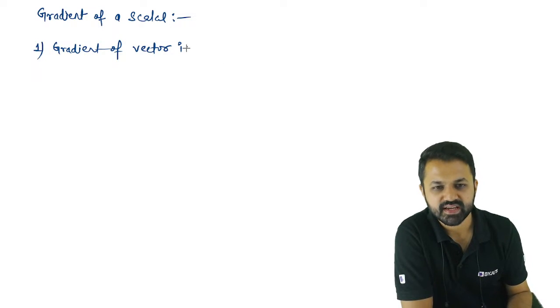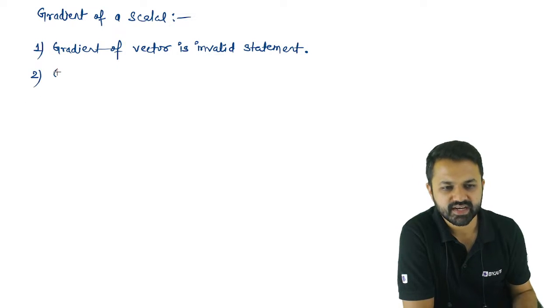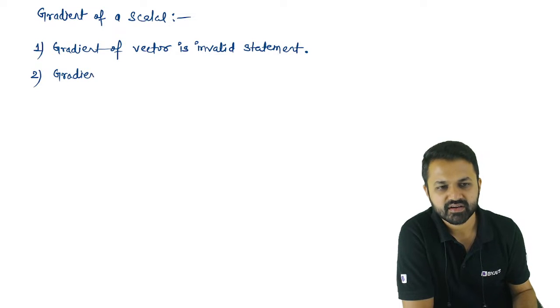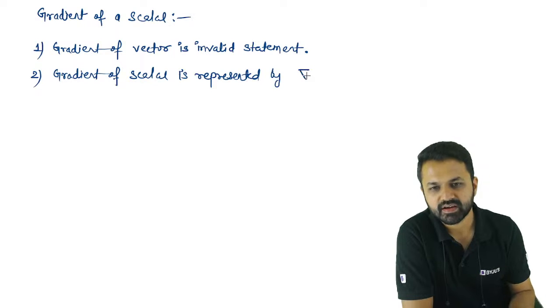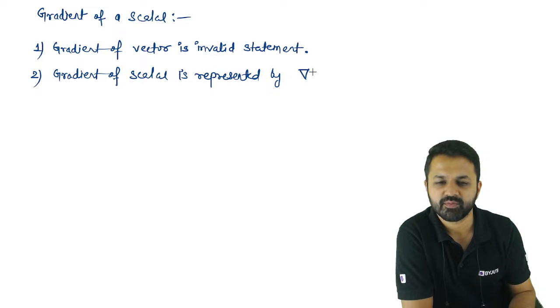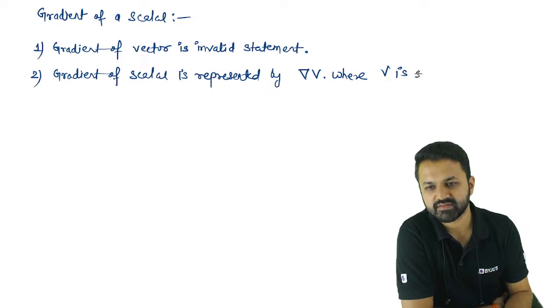The second thing is that the gradient of a scalar is represented by the inverted delta operator, the del operator, followed by the scalar, let us suppose V, where V is a scalar.